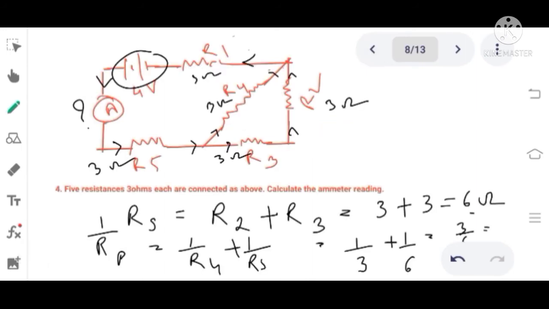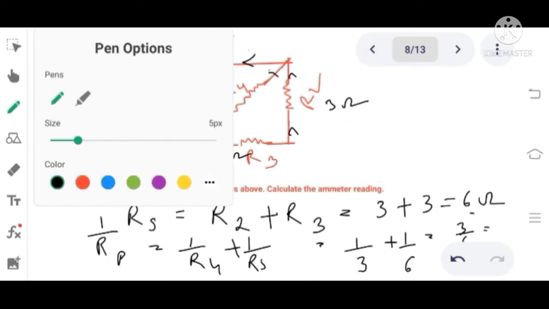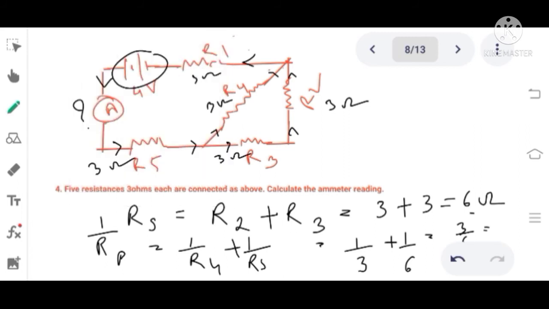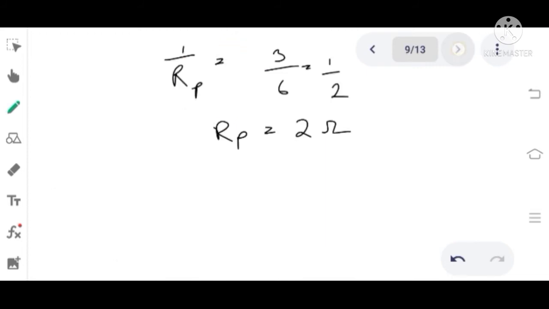So you have solved the network. This particular part of the circuit is equivalent to 2 ohms. Means instead of connecting these three things, you can just connect one single 2 ohm resistor. Now you can see that R5, this 2 ohm, and R1 are in series. All three are in series.